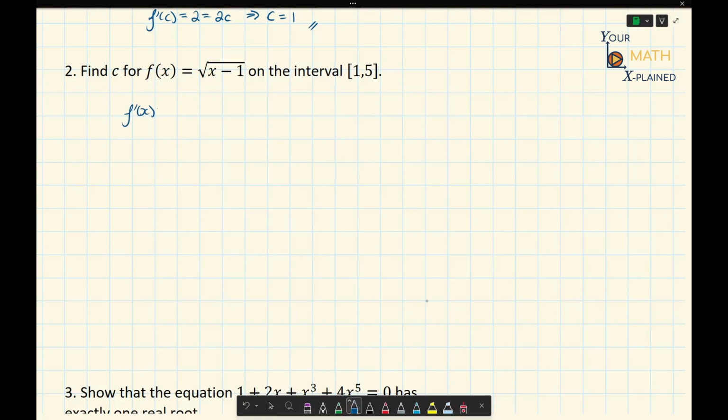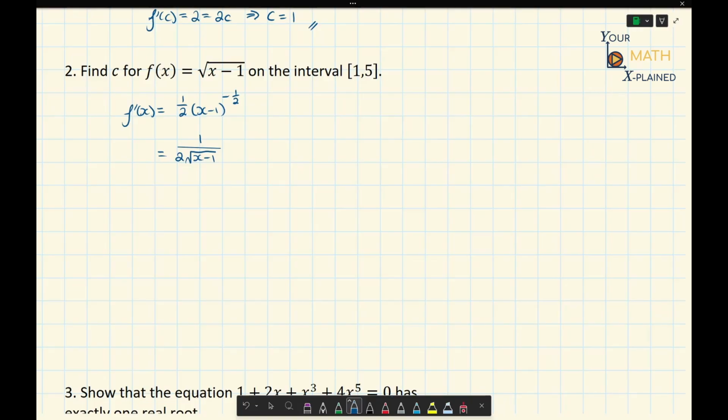So f prime of x is going to be equal to 1/2 times (x minus 1) to the power of negative 1/2. If we were to rewrite this, this is going to be 1 over 2 times the square root of x minus 1. And this is okay because this is defined on the open interval (1, 5), which means we can go ahead and use the mean value theorem here to find c.